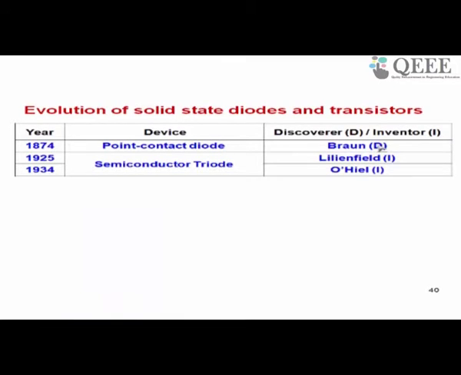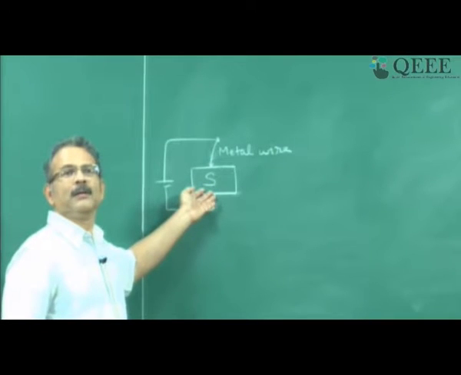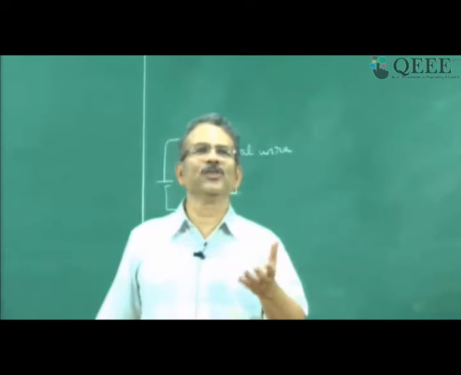Later in 1925 and 1934, two inventors, now you can see these are inventors, Lilienfeld and O'Heal, they proposed an idea. They said that if you can make a diode, a rectifying element from solid state like this instead of a vacuum tube, why can't you make a vacuum tube triode which is used for amplification?